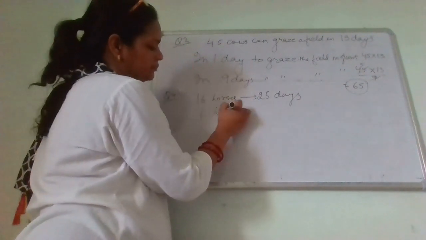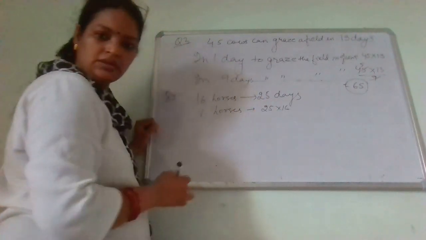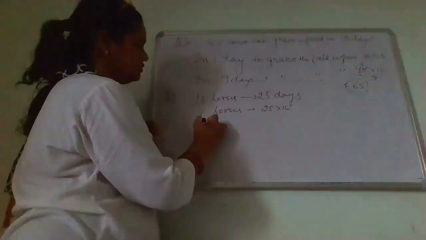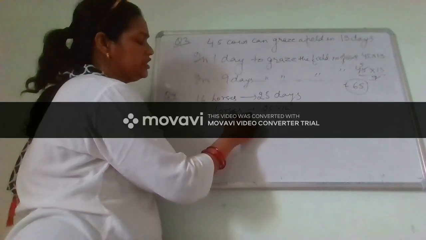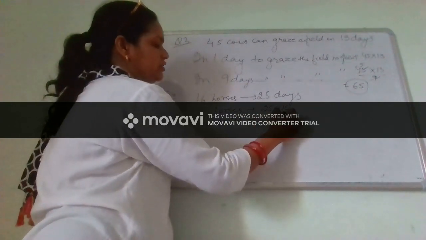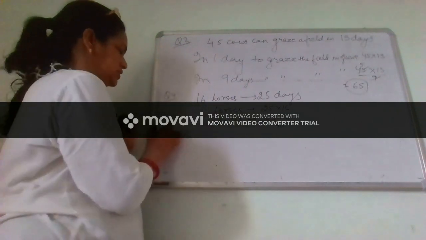One horse, 25 into 16. And then 40 horses. I'm not writing the statement, students. You have to write down the statement by yourself. So 25 into 16 by 40. Now solve it and you can find out the answer.